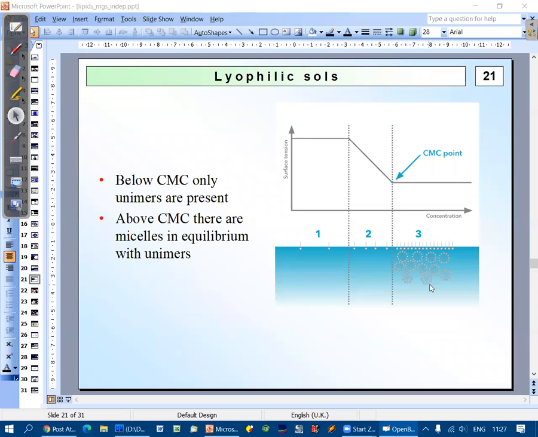They will go inside the phase, but they have non-polar tails and polar heads, and they will try to hide these non-polar tails from the polar phase. So they will form these spherical micelles.